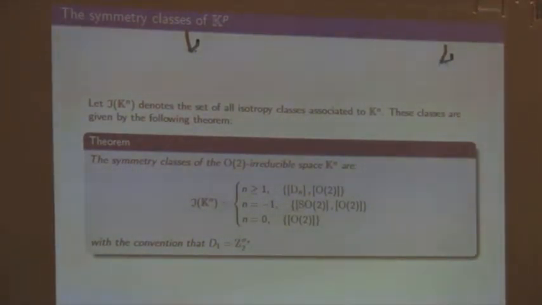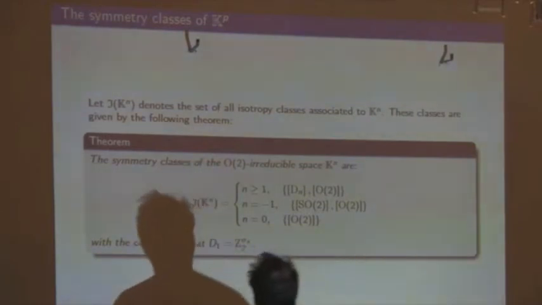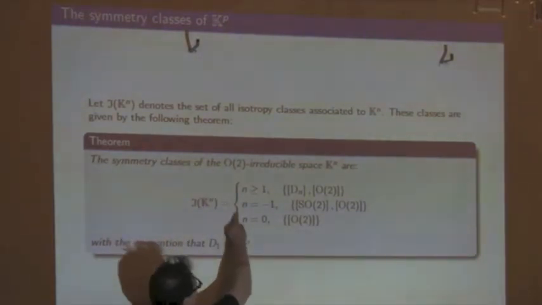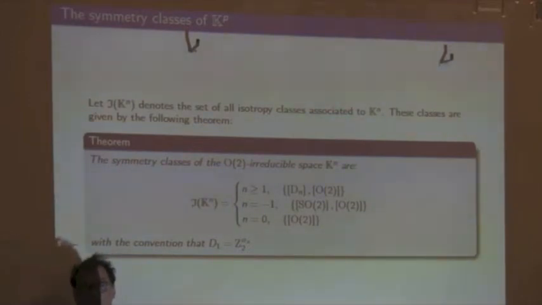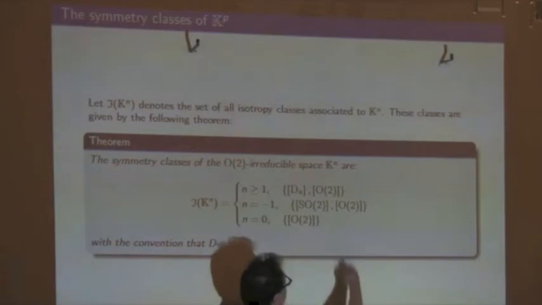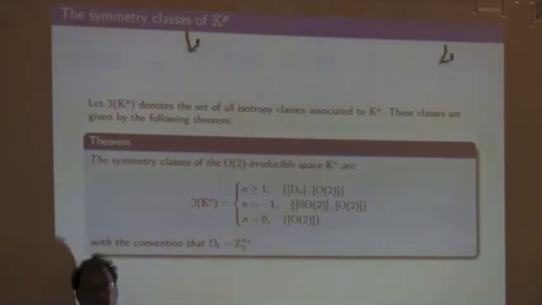The symmetry classes of a pseudo-scalar will be just the rotation if this pseudo-scalar is different from 0, or the full group of rotation if the pseudo-scalar equals 0.